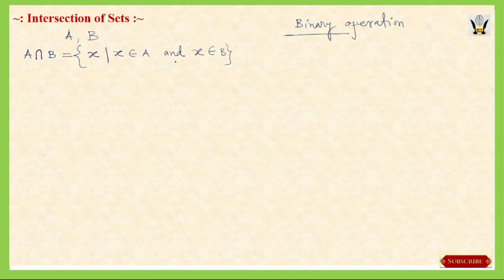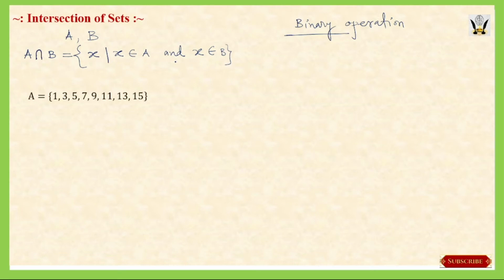So the elements which belong to set A and at the same time set B will be the elements of the new set, which is the intersection between A and B. Now this will be more clear when we learn with a few examples.